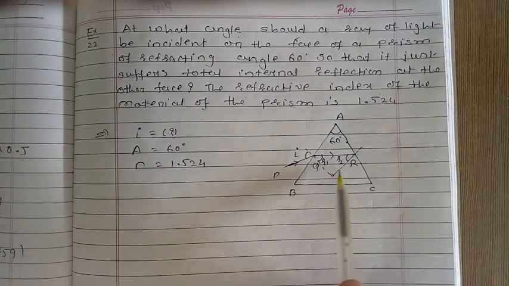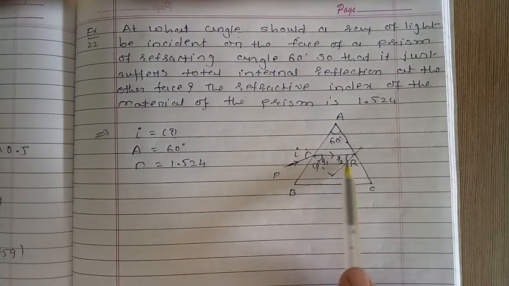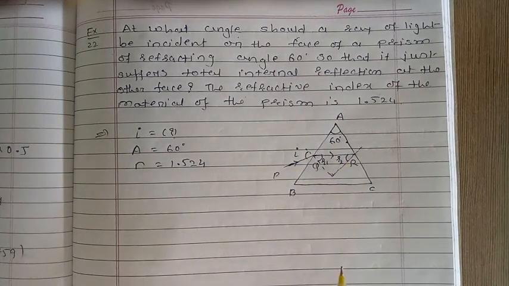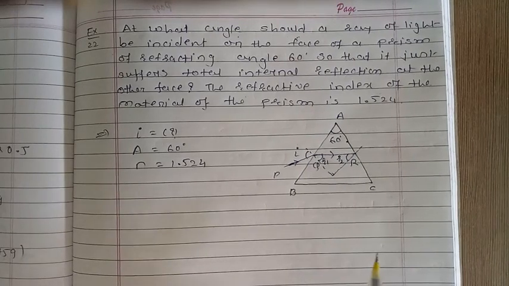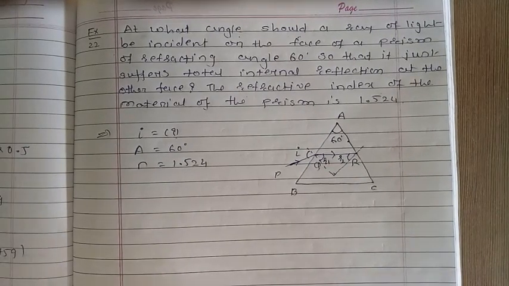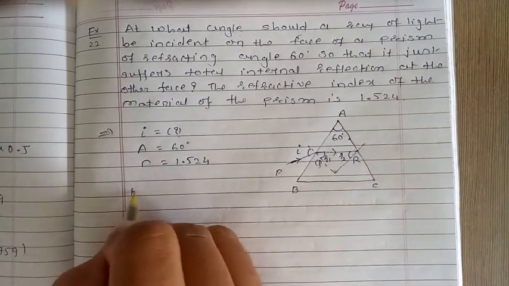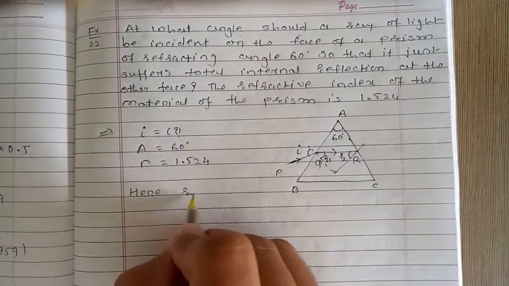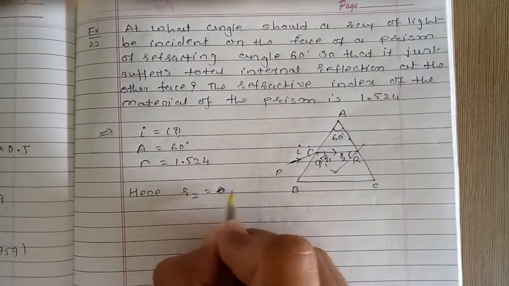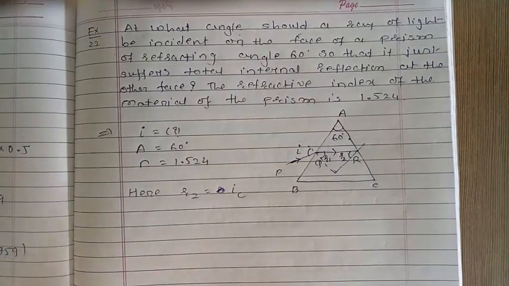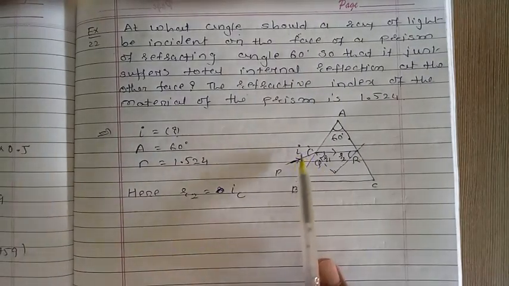So we can say that when R2 is equal to the critical angle IC, total internal reflection takes place. Here R2 is equal to IC, and we have to find the angle of incidence.